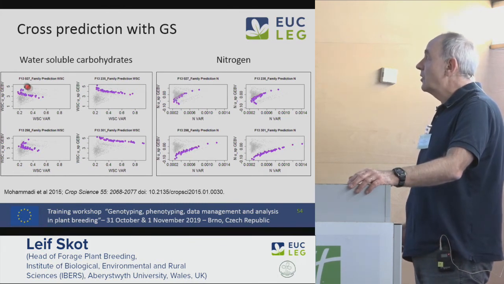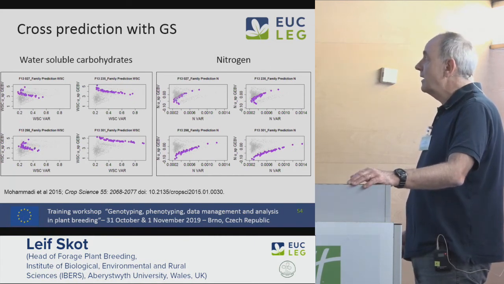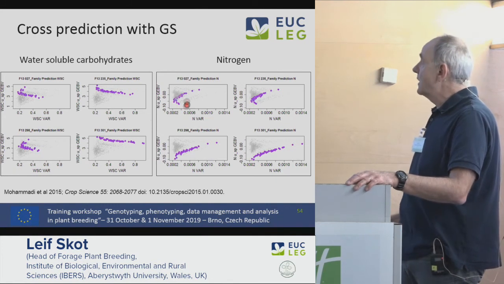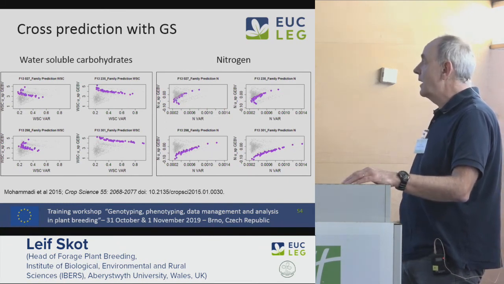You can see the progeny is predicted to be at the high end, with a little bit of an exception there, so we're a little bit middling there. In contrast, nitrogen or protein is kind of inversely correlated with water-soluble carbohydrates.